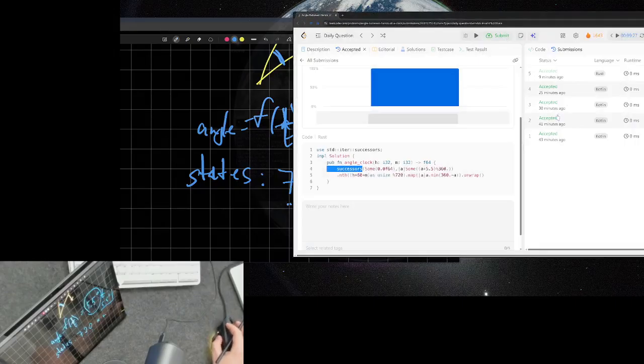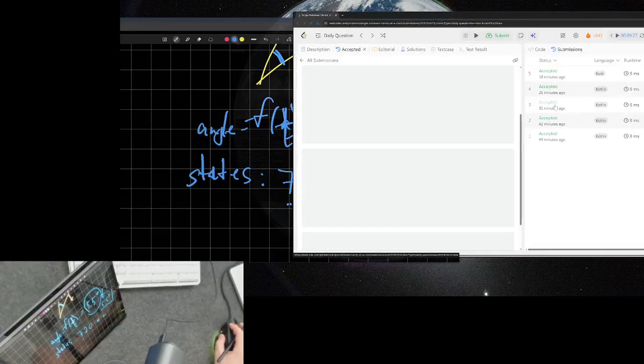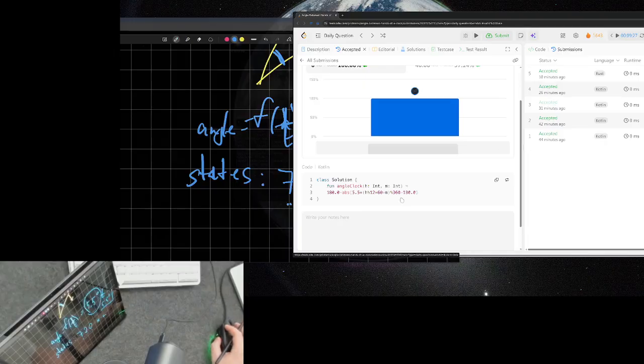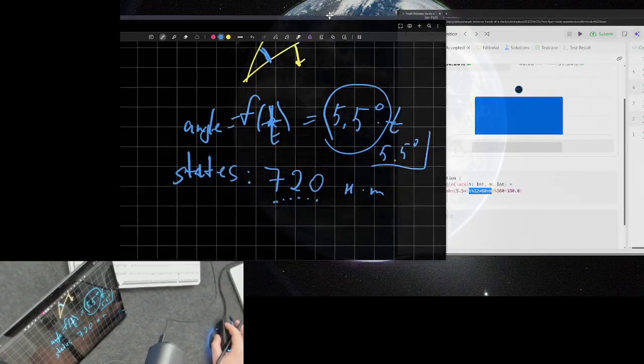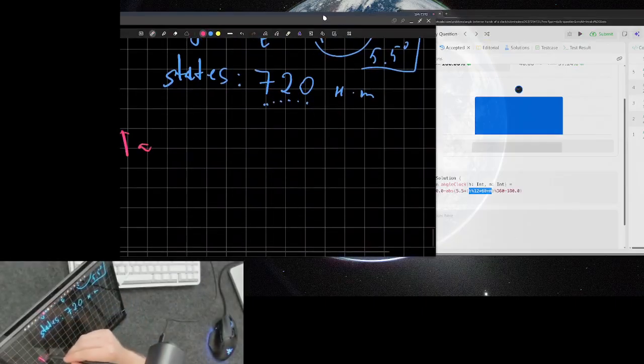And Kotlin goes directly to this math solution. So it goes hours times 60 plus minutes. This is the total minutes value.